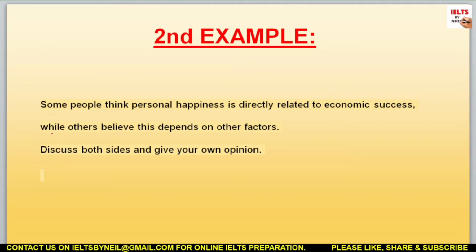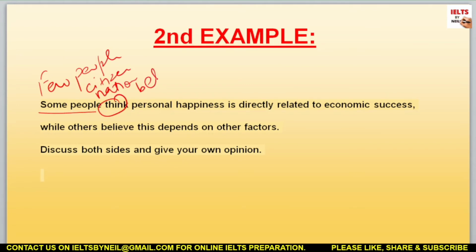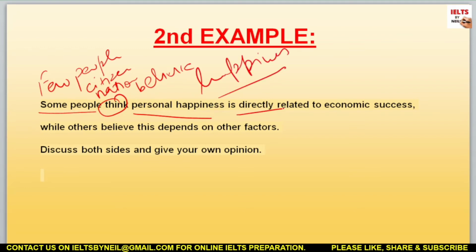It says some people, right? Some, again, you can say few people or few citizens or few nationals. Think, believe. Personal happiness, you can just say happiness, is directly related, you can say depend or rely, anything you can use.